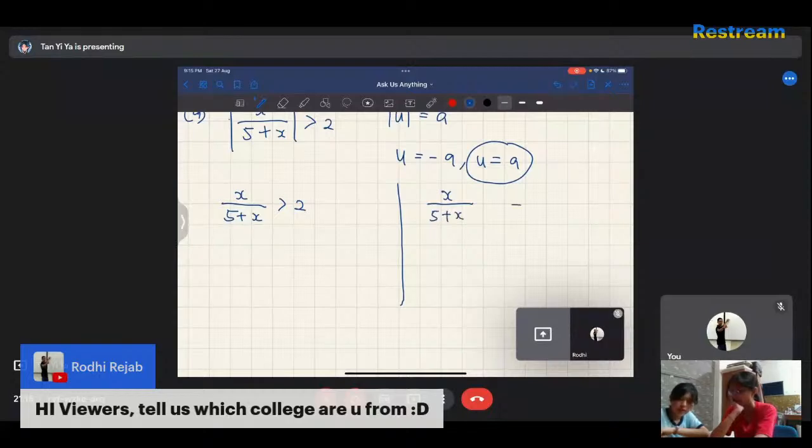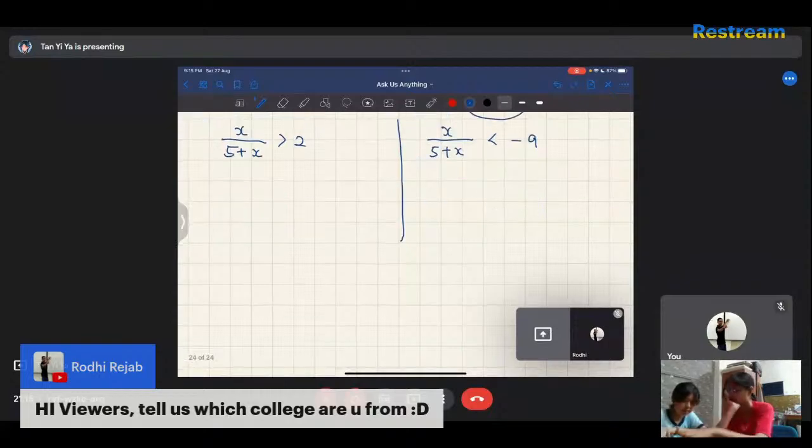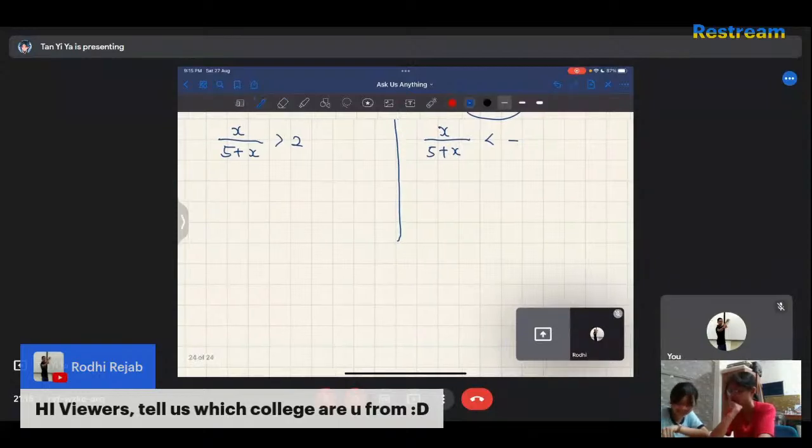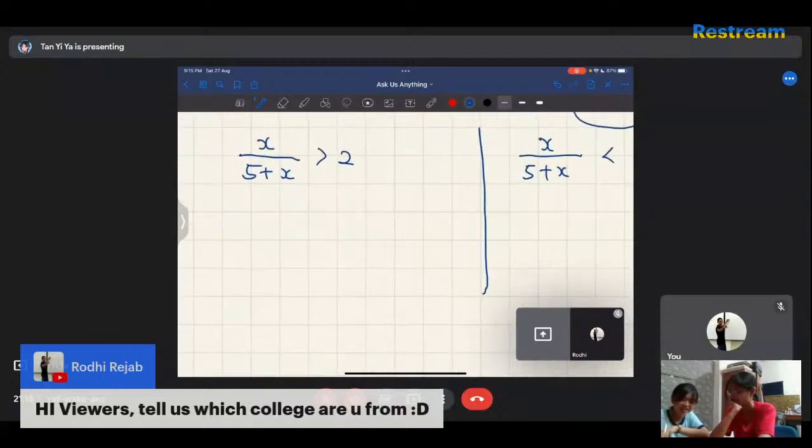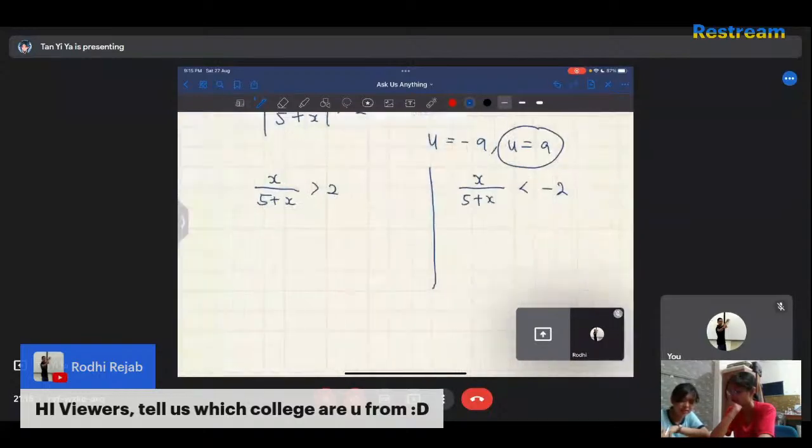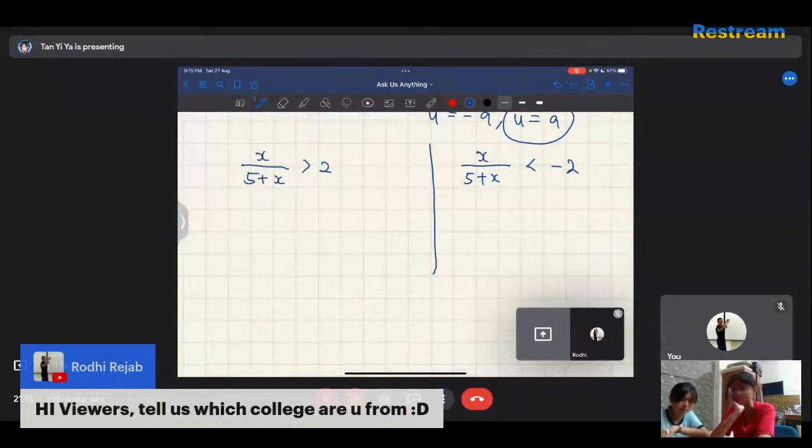Then when we substitute negative on the right hand side, we should change the sign. So it's like this, negative 2. Oh my god, I wrote a. Okay, so this is called the split, solve, and combine method, just in case you don't know.